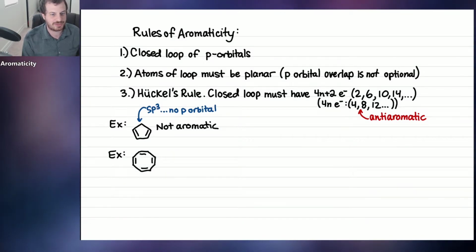After all, the sp2 hybridized atoms in this ring would be planar. And let's see Hückel's rule. How many electrons does it have? We need to count the pi bonds. So to figure out how many pi electrons it has, count the pi bonds and multiply by 2. So 1, 2, 3, 4. 4 times 2 is 8.